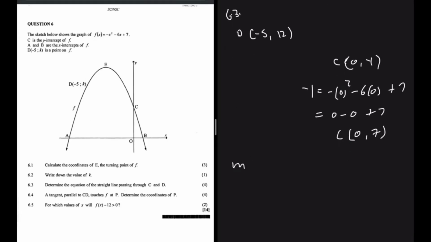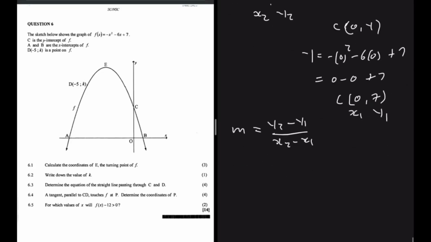So we know that the gradient is equal to y2 minus y1 divided by x2 minus x1. So which point are we choosing as point 2 and which point are we choosing as point 1? So let's just take D to be point 2, right? So this will be x2, this will be y2, this will be x1, this will be y1.